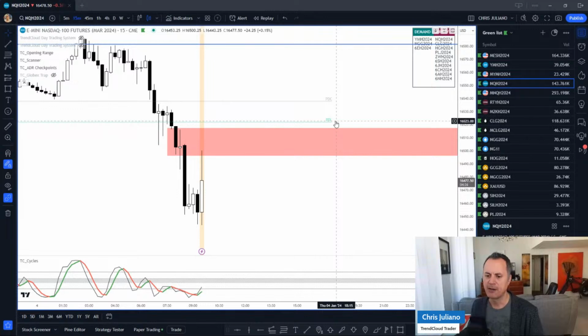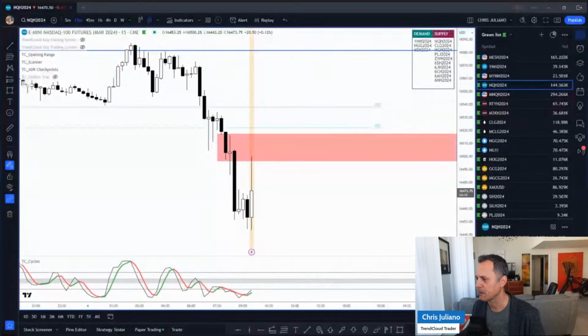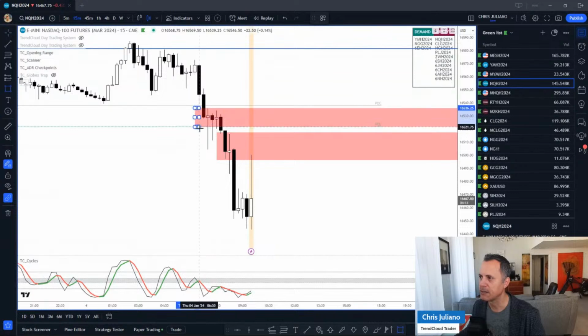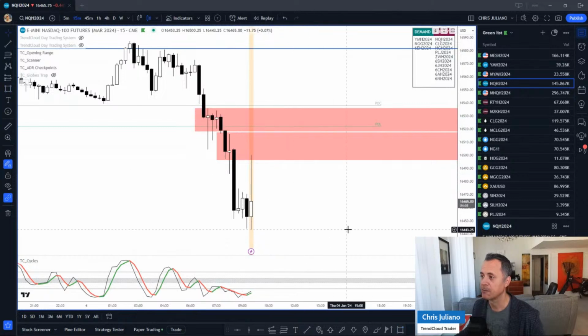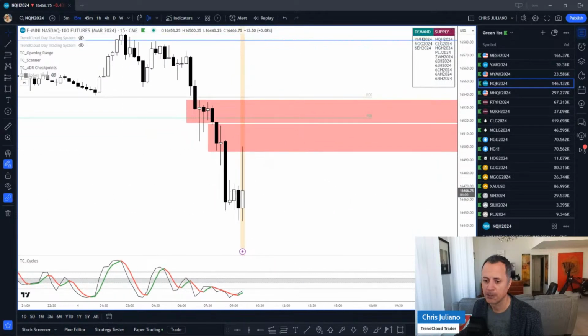If you've got that on your chart, it's going to be very powerful, because sometimes, like right here, it runs right in between, right? It runs right through your supply and demand zone. Look at the rejection off of this supply zone here on the 15-minute chart.